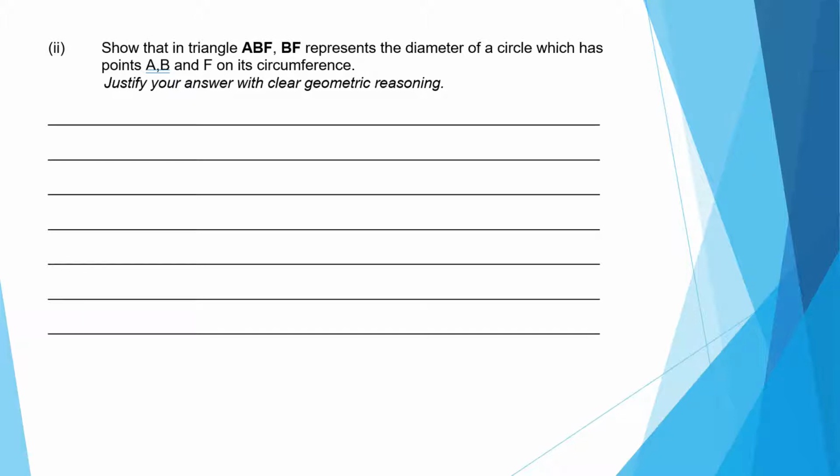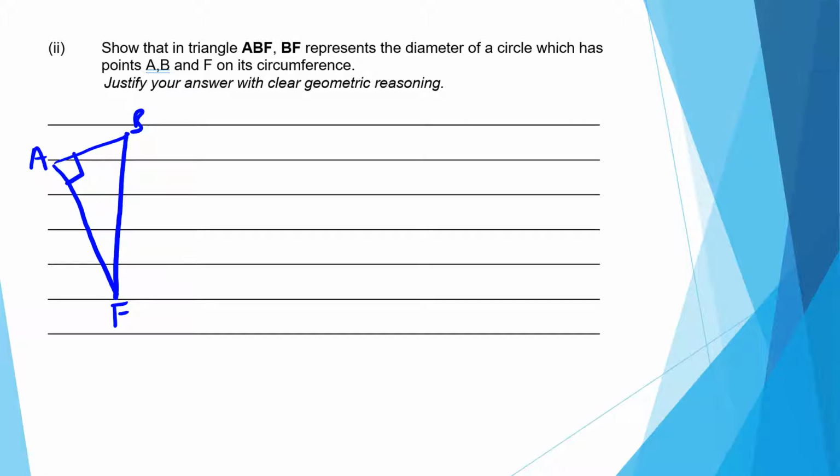Okay, now I just haven't got the diagram here, but if you recall from before, and perhaps you've got the diagram in front of you, if we have ABF here, we were told that this was 90 degrees.